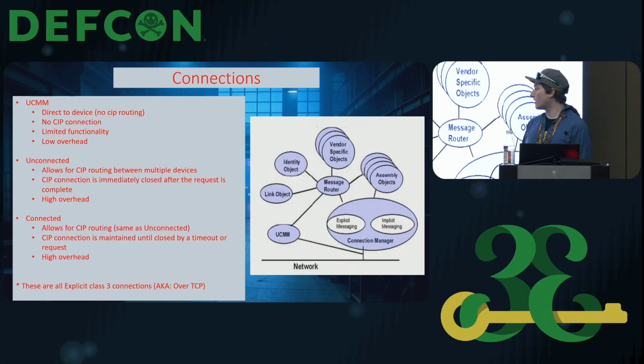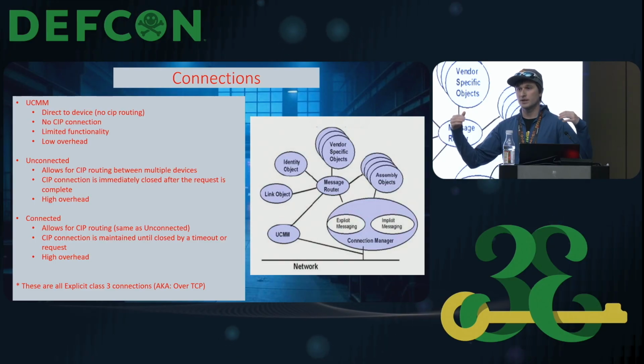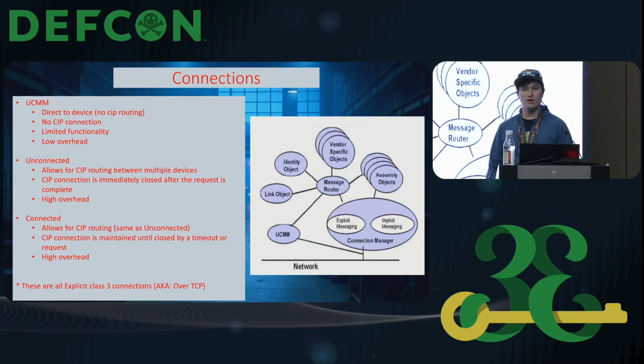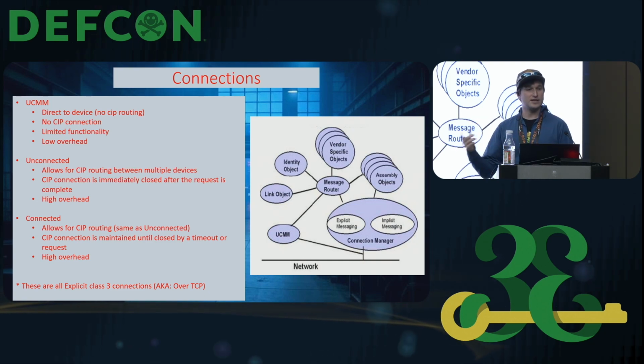And finally, there are connected sessions, connected CIP requests, and that's identical to unconnected, but it leaves the connection open. So you can now reuse all of that information that you've specified for your routed path for any other network infrastructure you set up between those devices. They'll persist that connection. You have a session number, and you can reuse that session number.